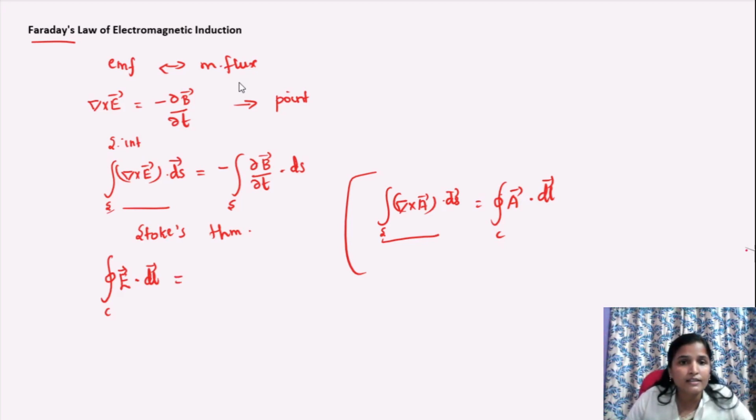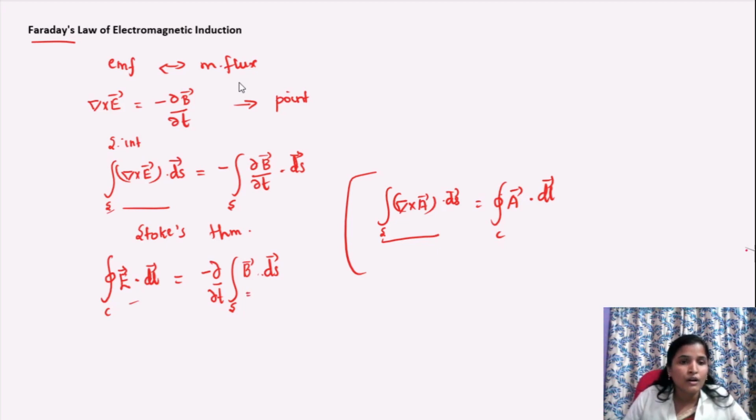We can take this dou by dou T outside. So minus dou by dou T of surface integral of B vector dot ds. So this is the basic equation that relates electric field and the magnetic field.